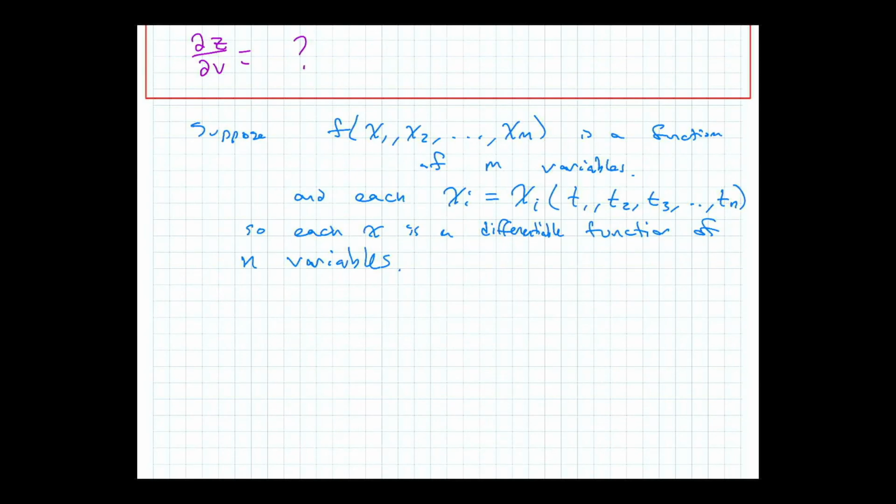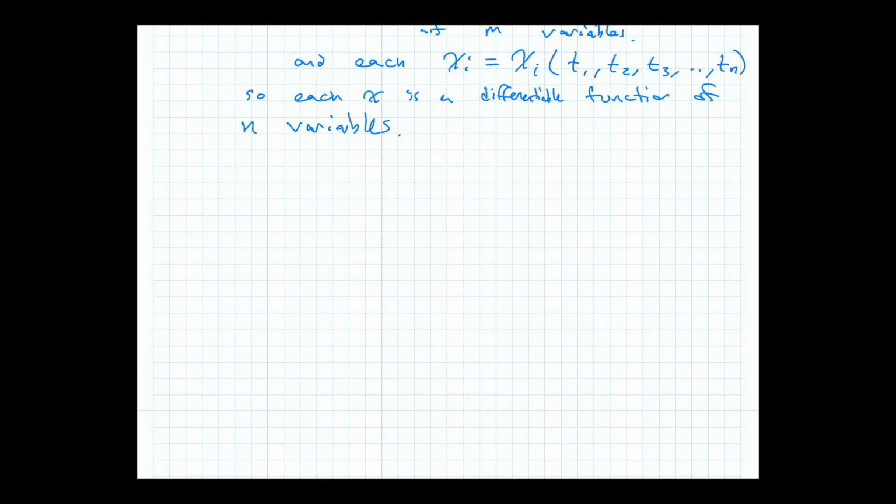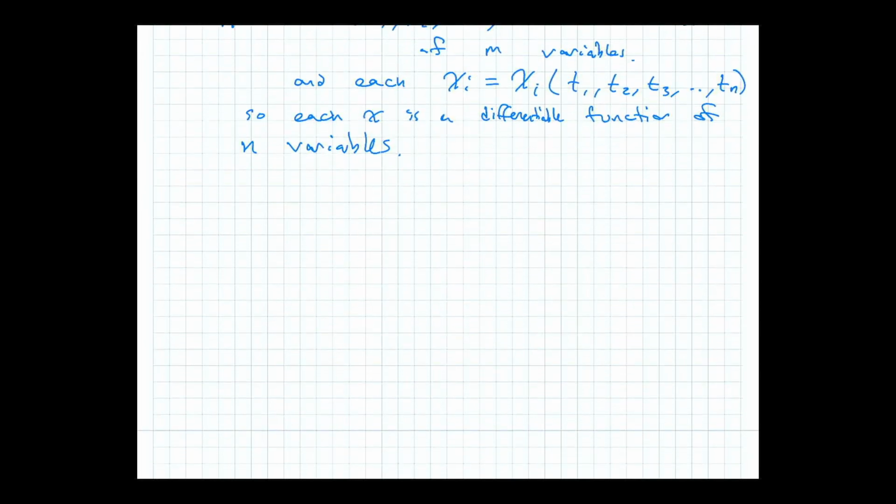I think they call the function w, by the way. So we can calculate the derivative of w with respect to all the x's, and each of the x's is a function of t. So you could calculate the partial of w with respect to any of the t's. So the formula is this.